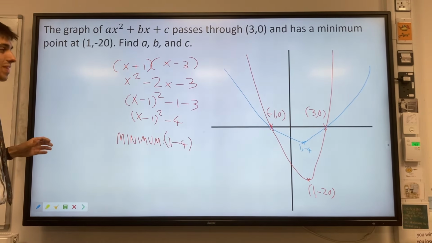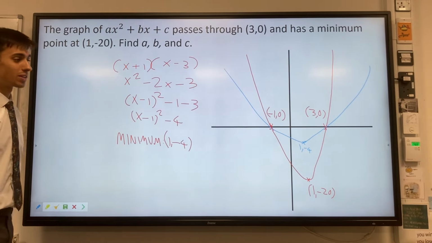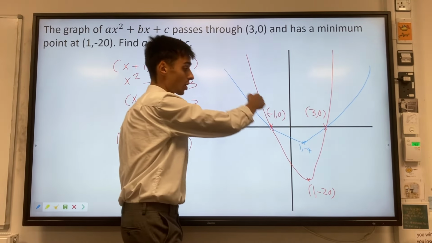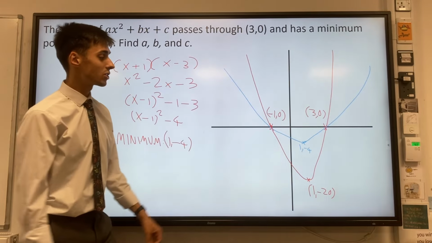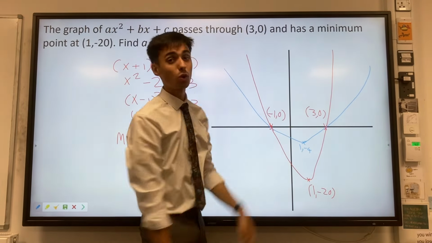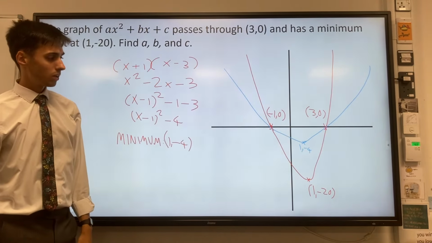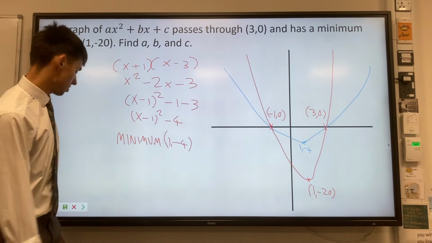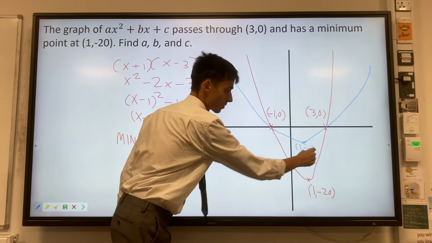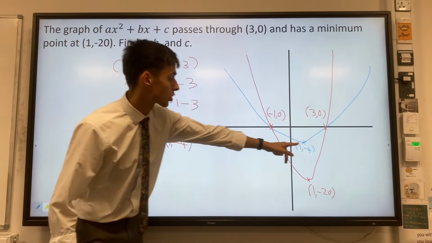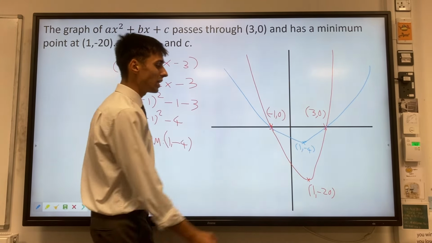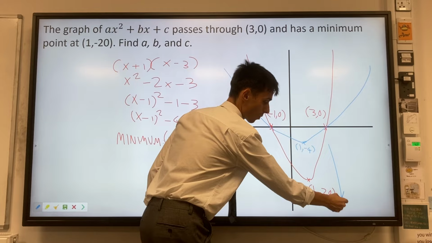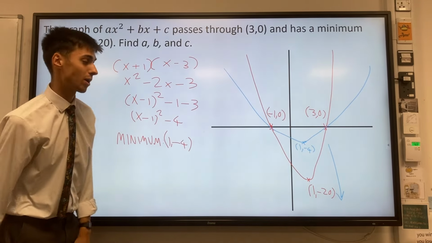We're almost there then, because now we're at the same point where to go from this curve, the basic one, to our curve in red, we need to apply a stretch on the y-axis. And looking at those coordinates, to go from 1, minus 4 to 1, minus 20, we need to do a stretch factor on the y-axis of 5 times, don't we?